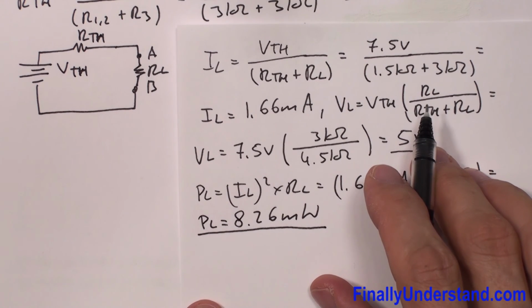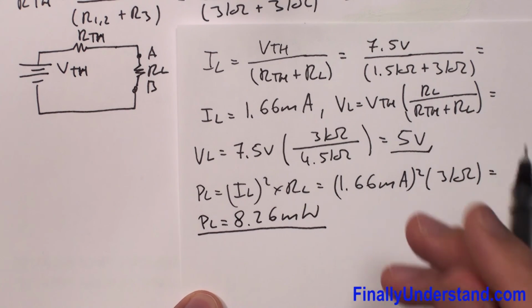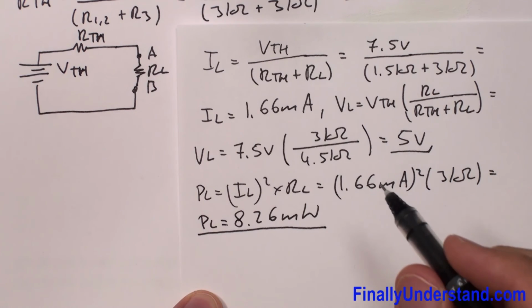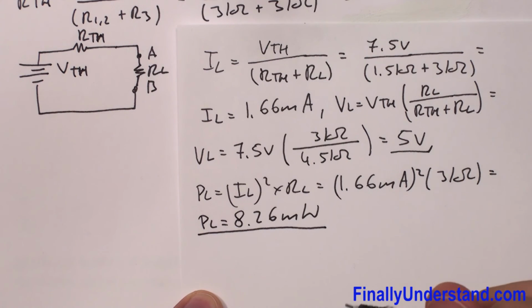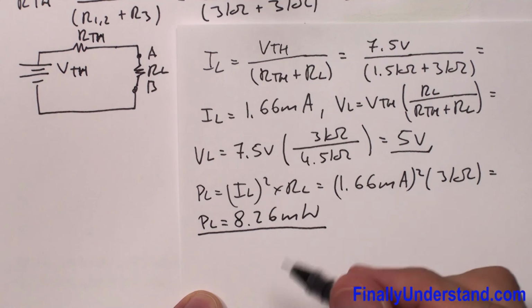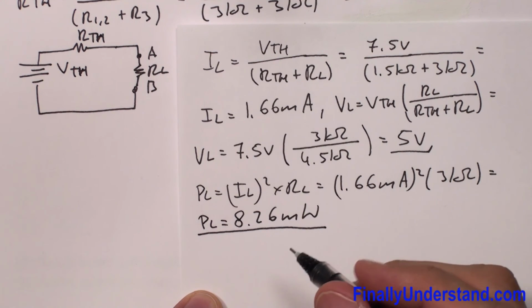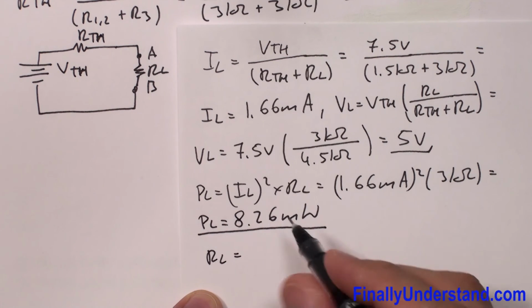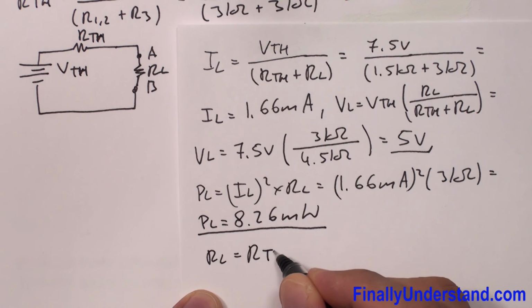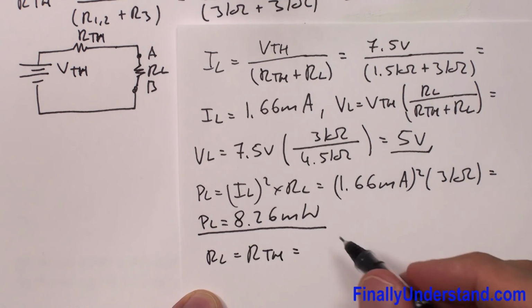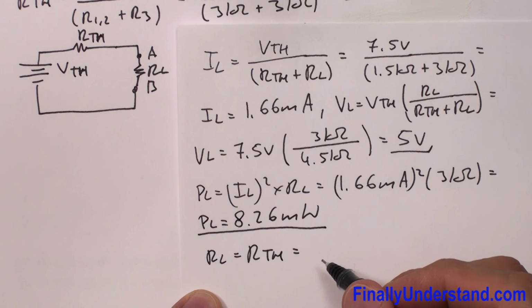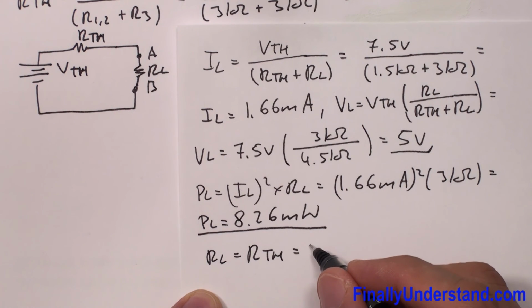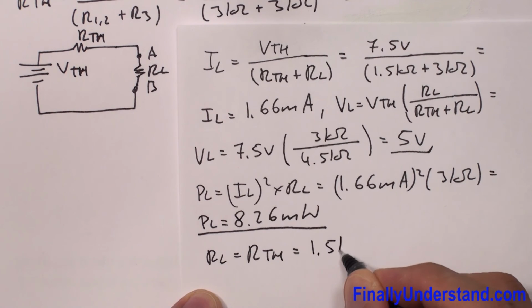Next, I'm supposed to find the value of the load resistance to obtain the maximum output power. In order to obtain the maximum power, your RL must be equal to RTH. So my RTH is equal to 1.5 kilo ohms.